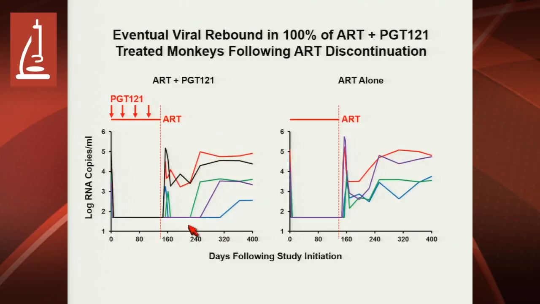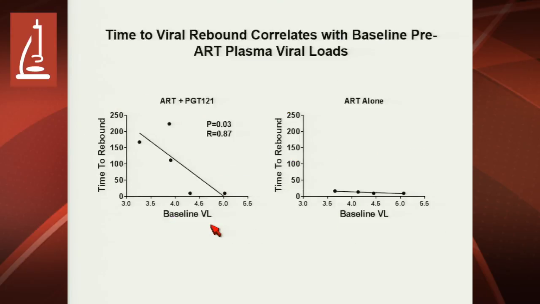But there were several animals, as shown here, that appear to have delayed rebounds. So it's certainly a suggestive, although perhaps not a definitive result, because of the small animal numbers in this study. But we did notice that the time to viral rebound correlated with baseline pre-ART plasma viral loads. And so the baseline viral loads prior to treatment appear to be a factor that determines how these animals respond to the subsequent immune-based interventions.